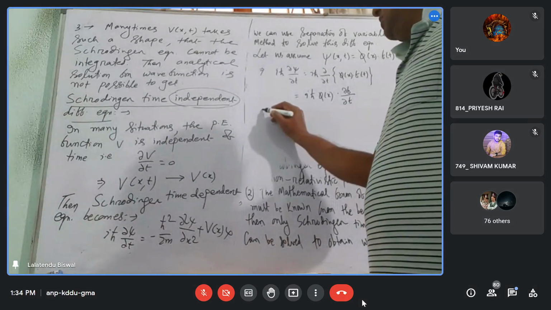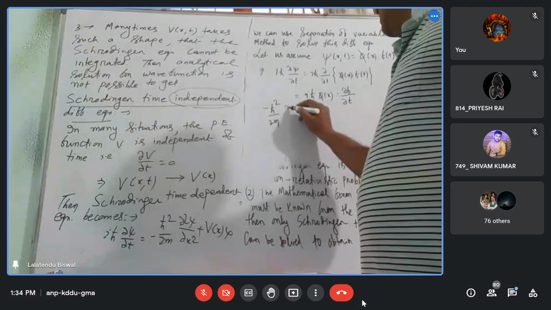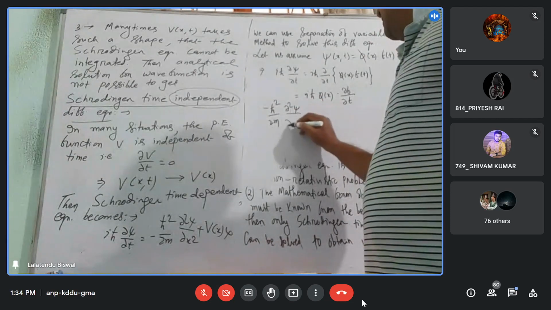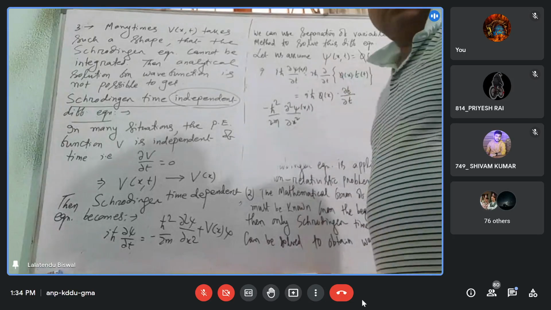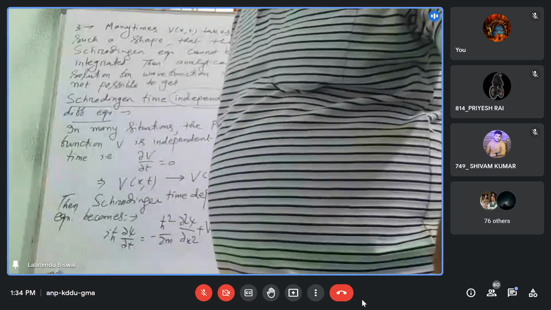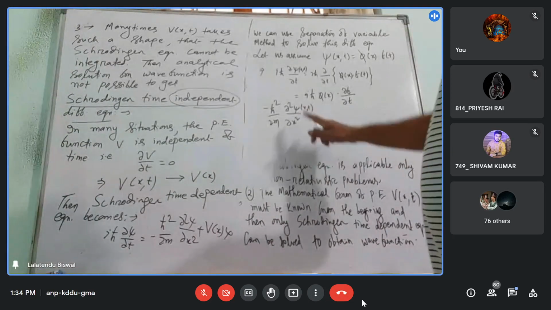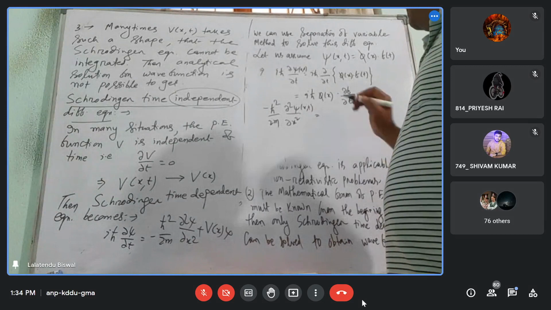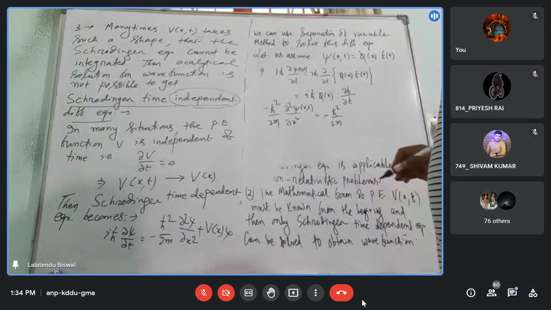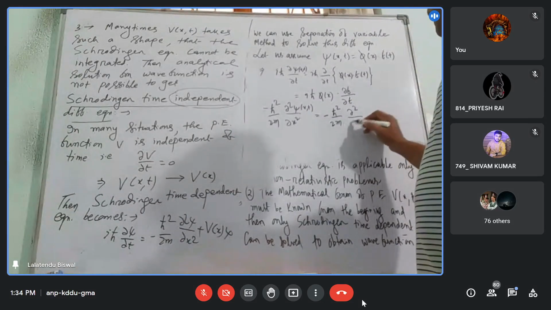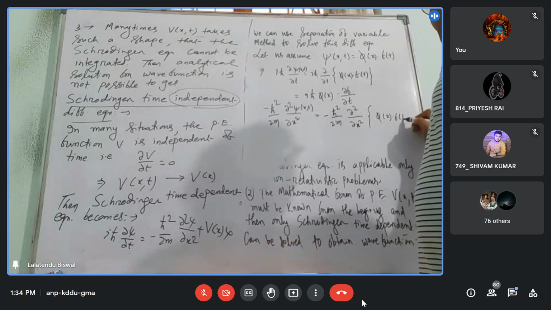Similarly, if you go to minus h cross square by 2m, del square psi by del x square, psi is a function of both x and t. So if you take this minus h cross square by 2m, del square by del x square of phi(x) into F(t).